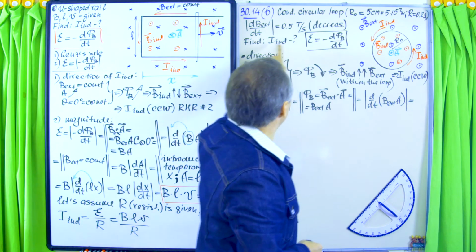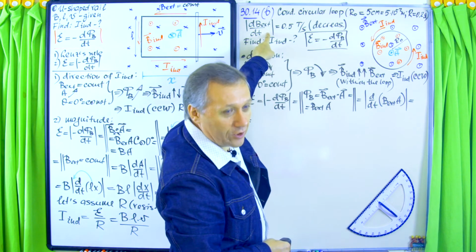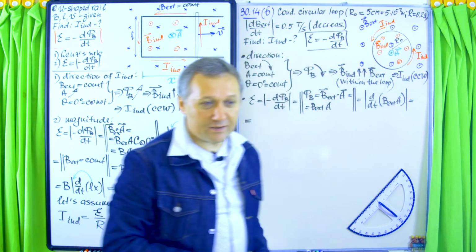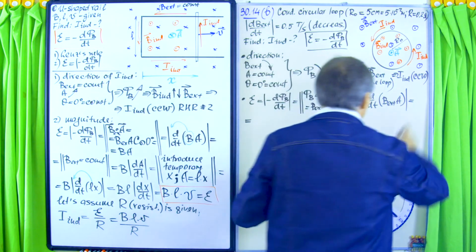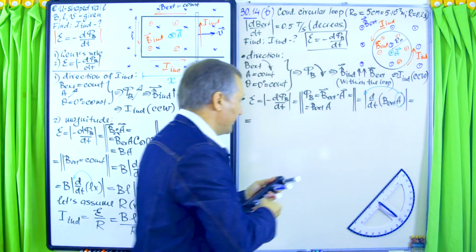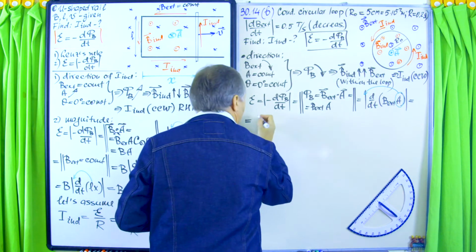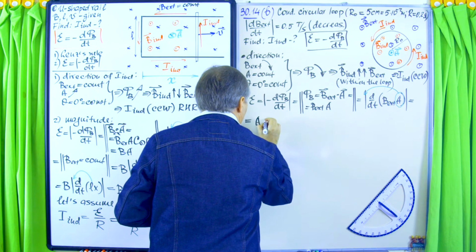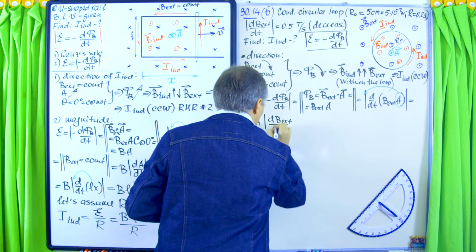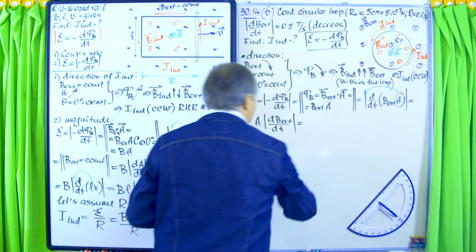B external is no longer constant. It changes with time, but area stays the same. So area is constant. We can extract it from the whole thing, right? So it will be A, and absolute value of dB external over dt, right?